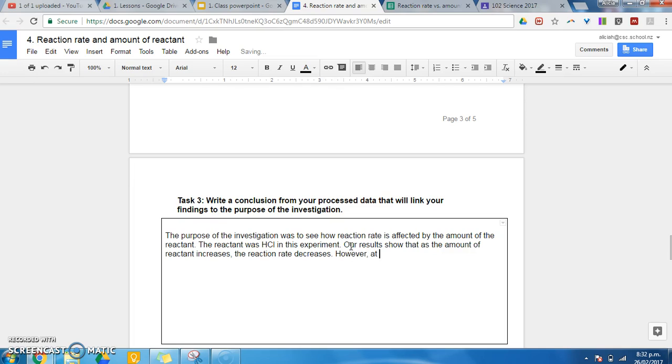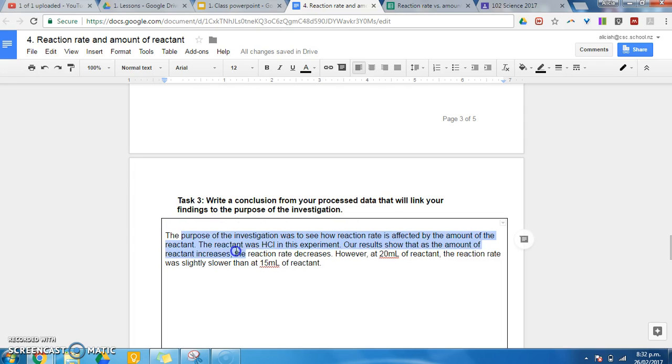However, at 20 mils of reactant, the reaction rate was slightly slower than at 15 mils of reactant. So we've said what our results show, which is that the reaction rate decreases as the amount of reactant increases, but we've also explained our odd data point, and we've linked that back to the purpose of the investigation, which was to see how reaction rate is affected by the amount of the reactant.